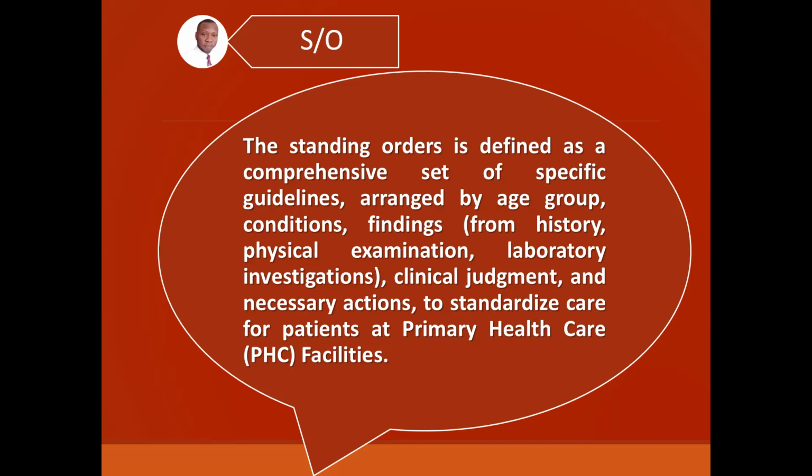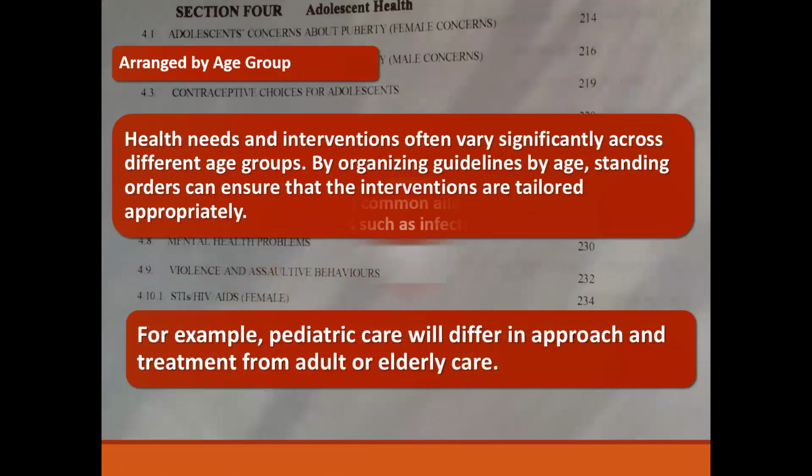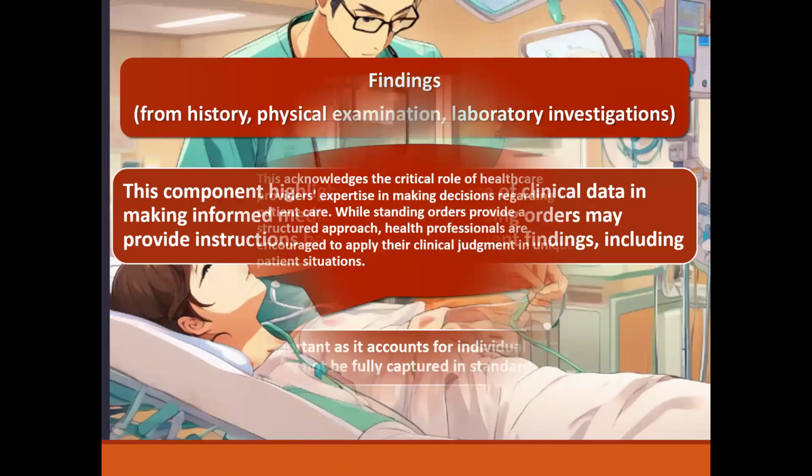Then necessary actions, which can be referral, which can be drug prescribing, which can be health education, which can be review of the patient. Then the last part, standardized care for patients at primary healthcare facilities so that the patients receive care that is effective, care that is timely, care that meets up with their needs. So that's all about the definition of the standing orders.